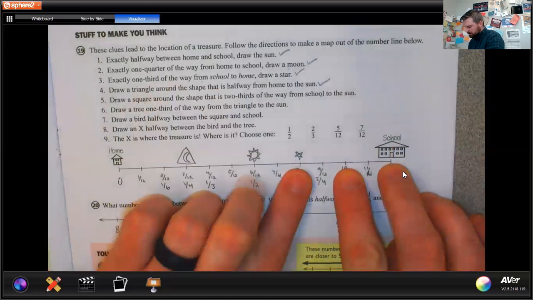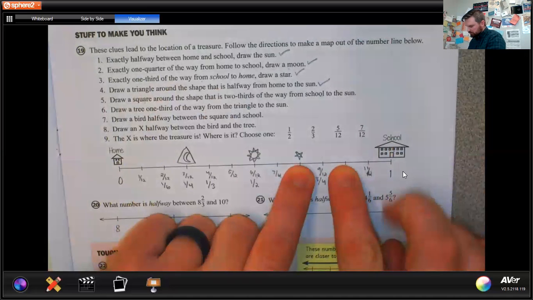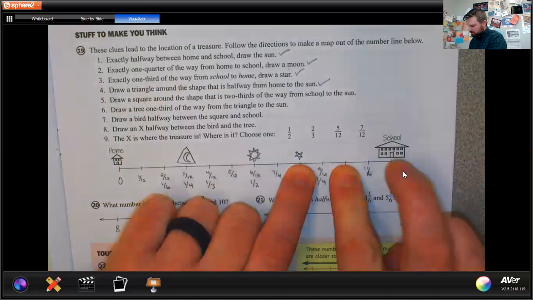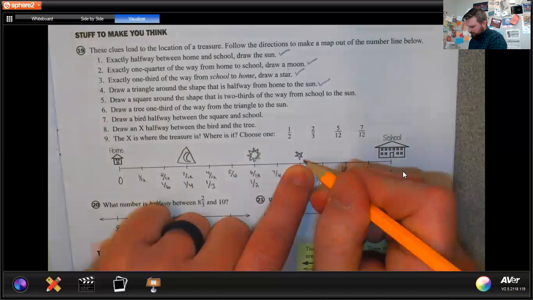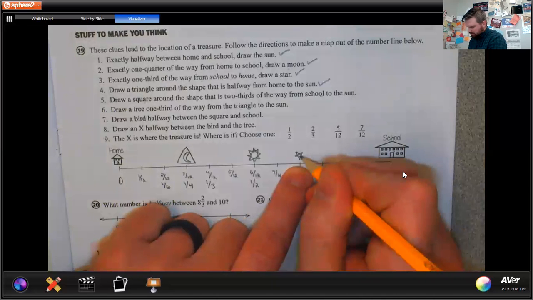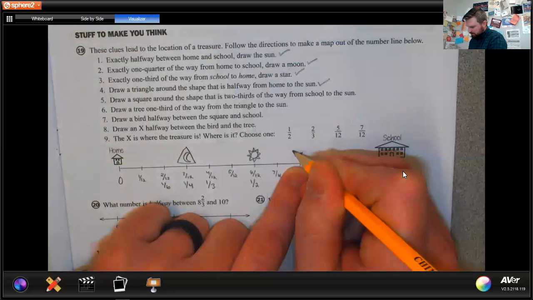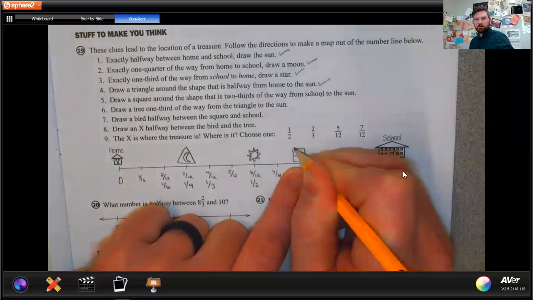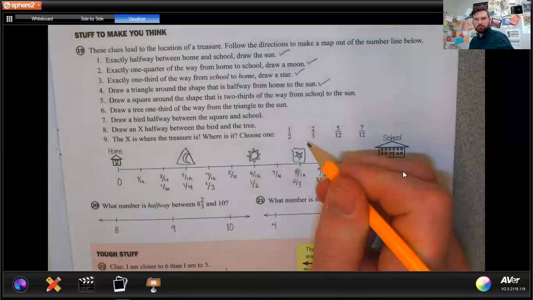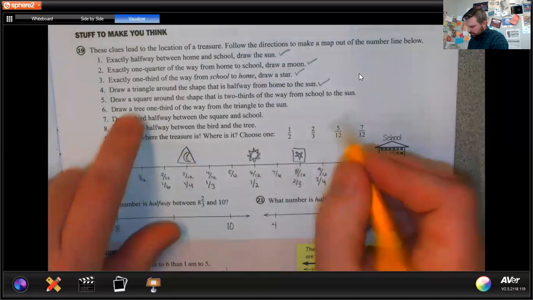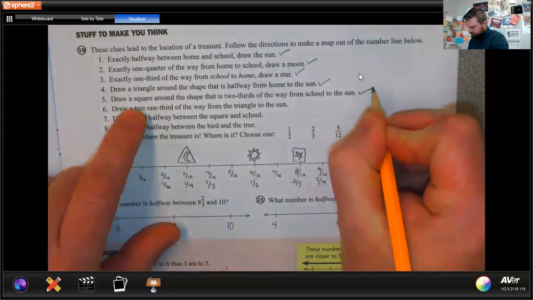Okay, these are my breakups. So 1, 2, 3, and I want 2/3. So that shape would be the star, and I want to draw a square around that star. Okay. So we got that one.